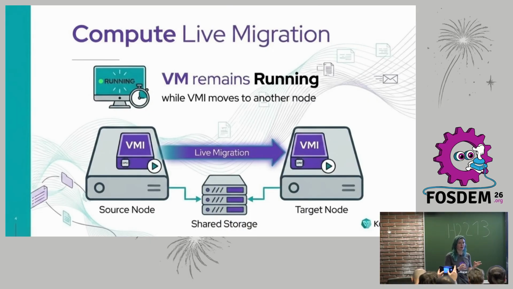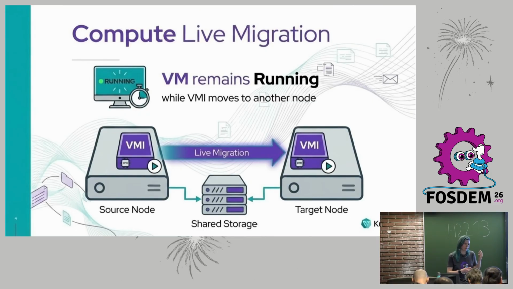Usually when we talk about live migration in KubeVirt, we mean a compute live migration. It's been there since the beginning of KubeVirt, and it means that your virtual machine remains running while your virtual machine instance is moving from one node to another. One of the requirements for this type of live migration is that your VM must use shared storage.